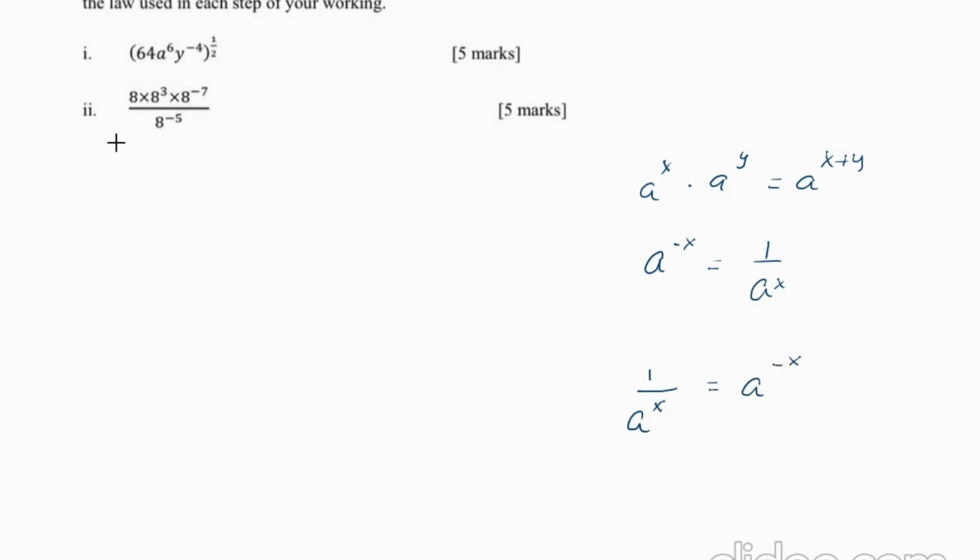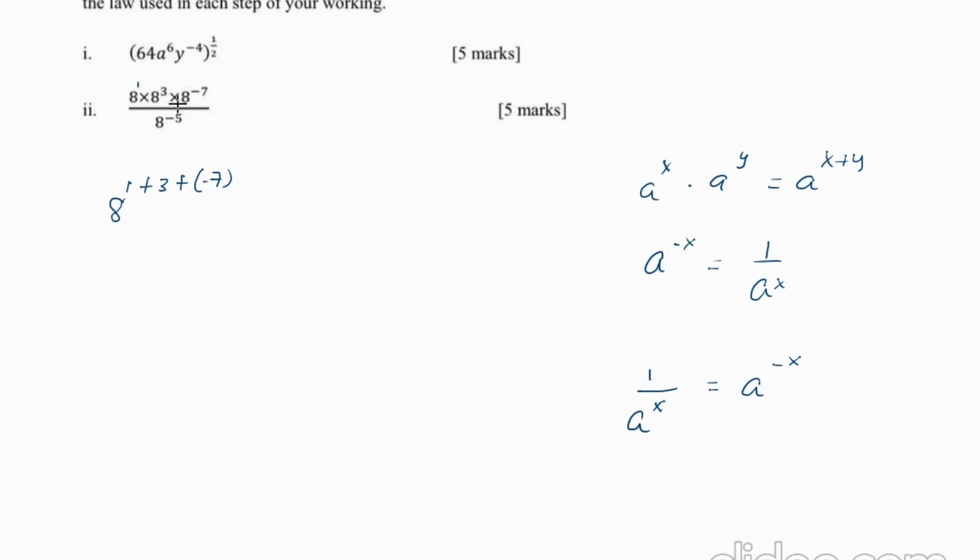So let's go here. What I'm seeing here is 8 to the first power. They're all base 8, right? So plus 3, because you're multiplying 8 to the first power times 8 to the third. So let's add the exponents. Plus a negative 7, right?